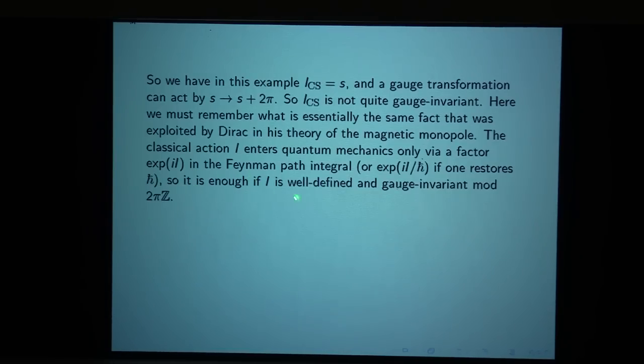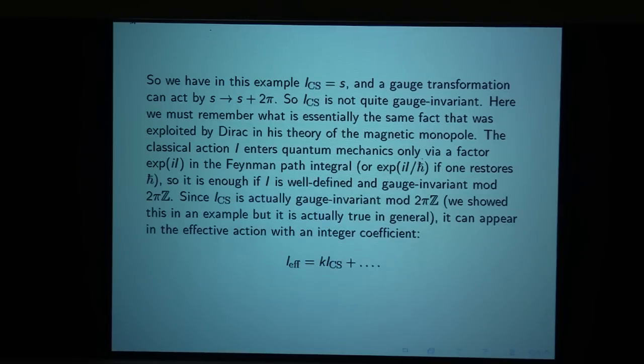So it's enough if the action is well-defined and gauge invariant mod 2 pi times an integer. And we found that the Chern-Simons action was gauge invariant mod 2 pi. So that was okay. And more generally, it can appear in the effective action with an integer coefficient. So the effective action can be k times I Chern-Simons, where k is an integer.